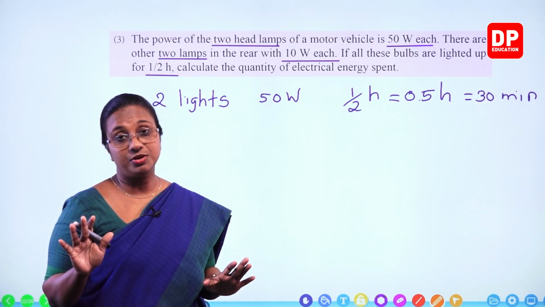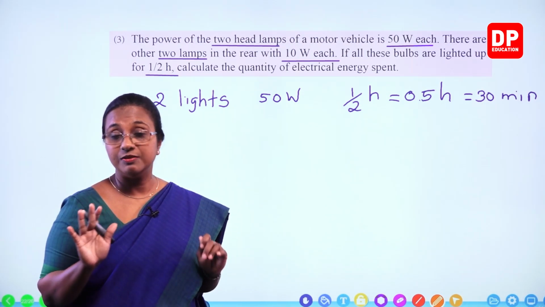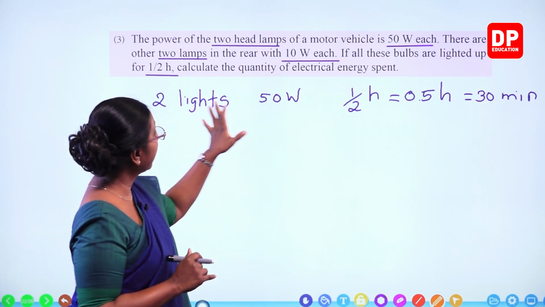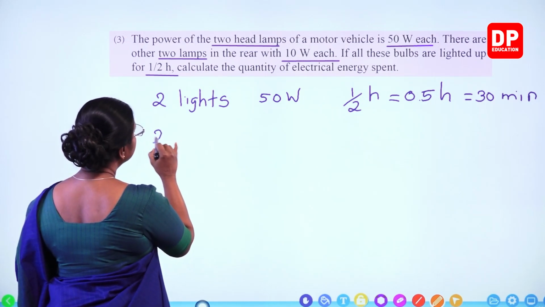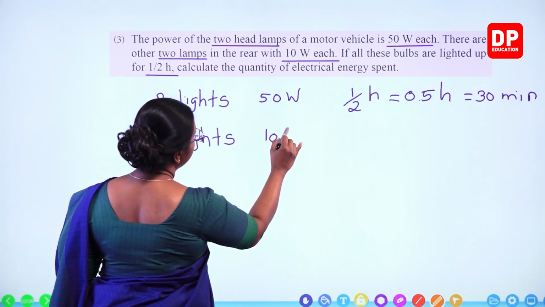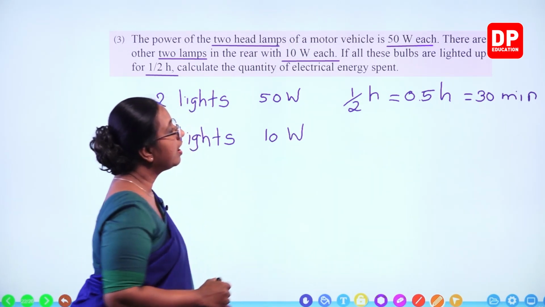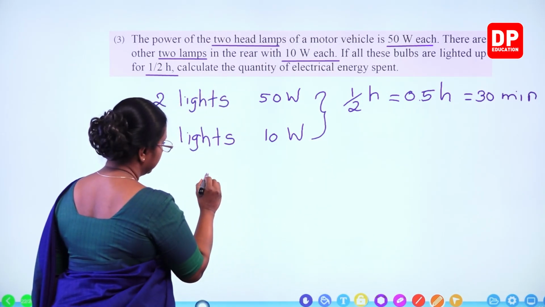That is the standard unit. So, don't confuse that. Be clear with the two different calculations. This is to calculate the electrical energy spent. Then, another two lights at the rear with 10 watts power, that also for half an hour. Then you need to calculate energy.